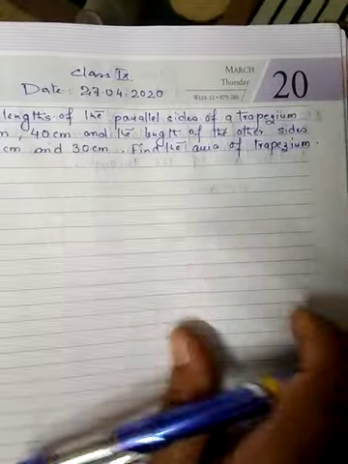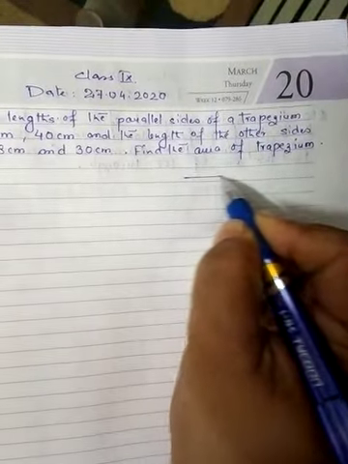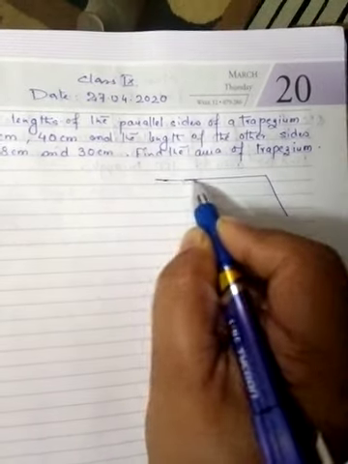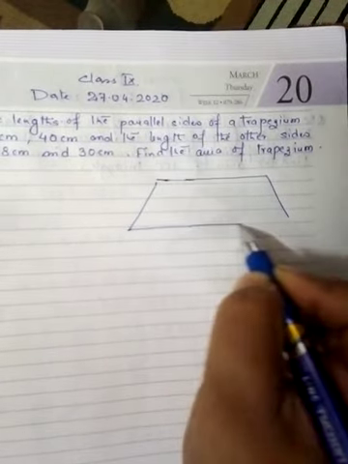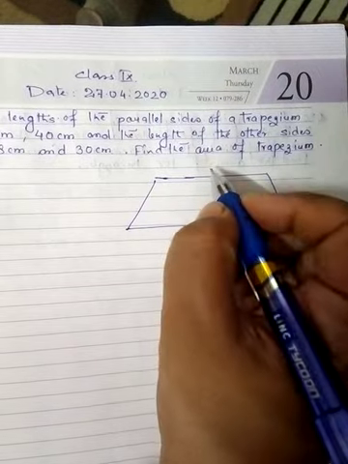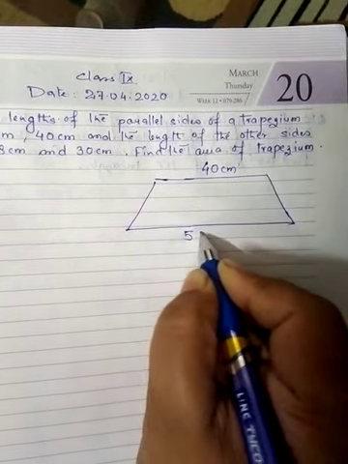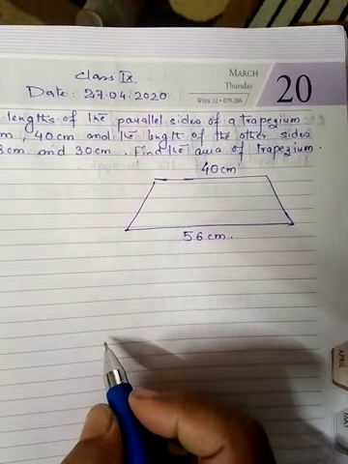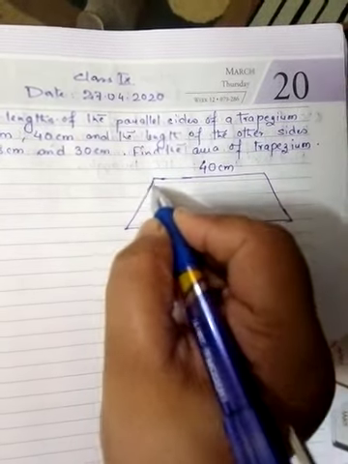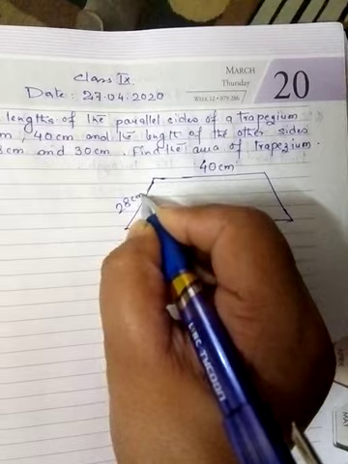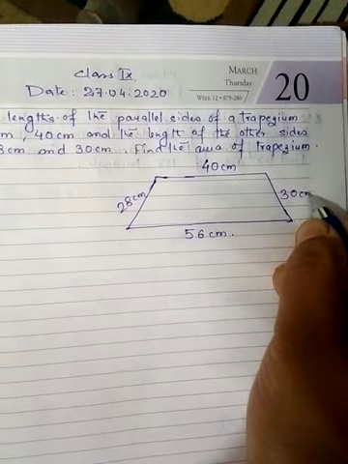So let's make a trapezium. Its parallel sides are 56 centimeter and 40 centimeter, and the non-parallel sides are 28 centimeter and 30 centimeter.